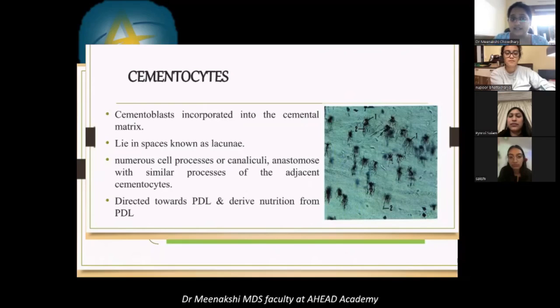Numerous cell processes, as you can see, these hair-like structures directed one way, are canaliculi. They tend to anastomose with each other, increasing the permeability of this cementum. They are directed towards the periodontal ligament, the outer surface of the anatomical root, from where they derive their nutrition, vascular supply, water, and electrolytes. They are depositing the cementum.